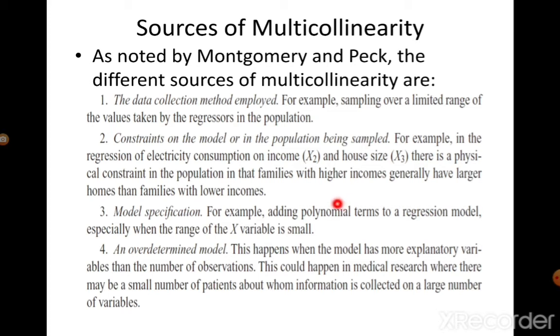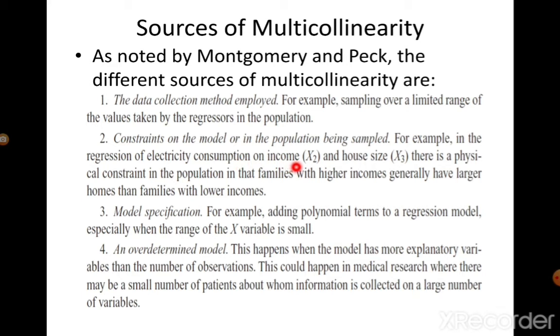Another source is when there are constraints on the model or in the population that is being sampled. This can be understood with an example. Say we are trying to find the determinants of electricity consumption of a family.